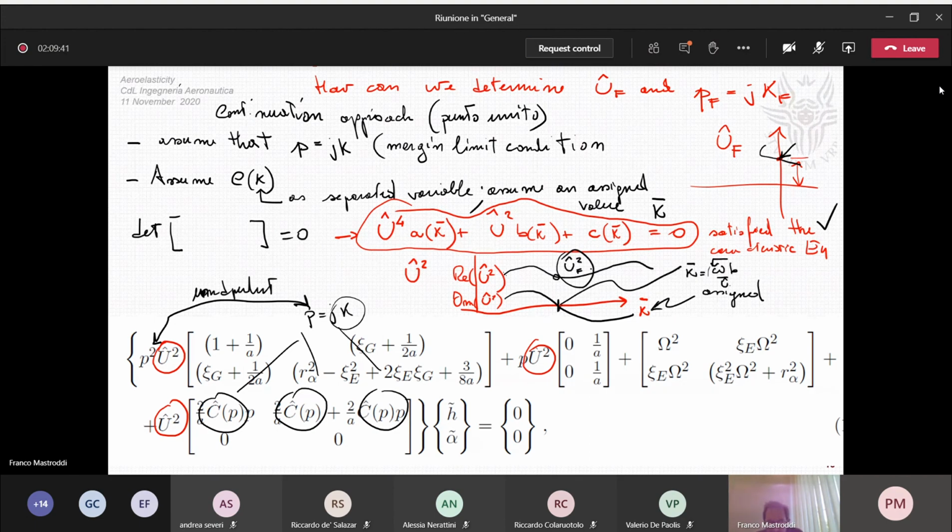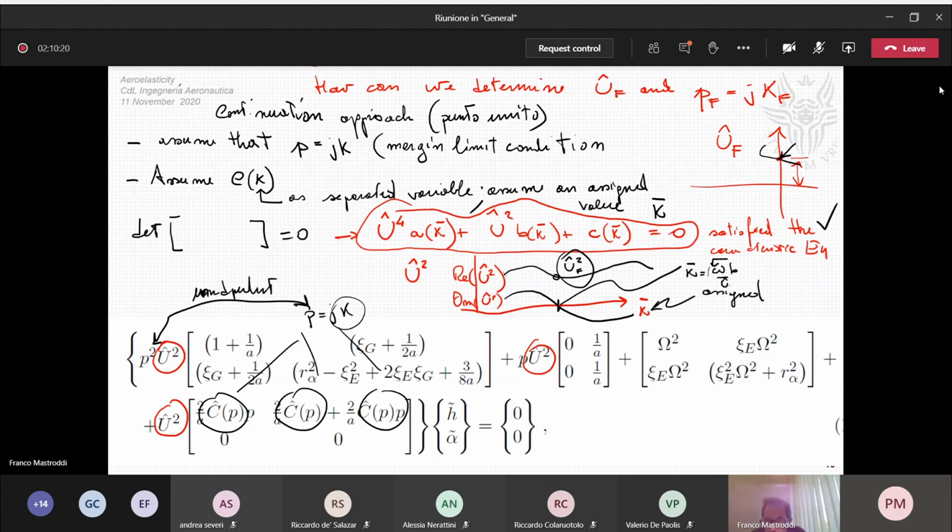You have a physical solution for u, and you have closed your punto unito or continuation approach because you have established that your K bar is now actually equal to omega b by u. Initially you assumed that this was an independent parameter, but in this point here you have joined this parameter with its original meaning as equal to omega b by u infinite.